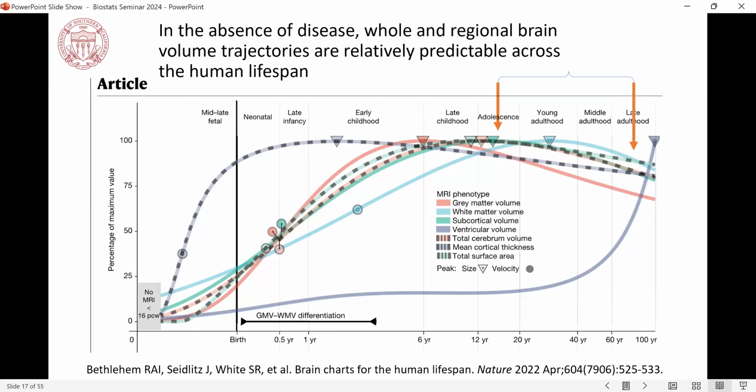When some parts of the brain increase, others decrease. This is a very important comment. In my study, the volume I use is normalized by the total brain.